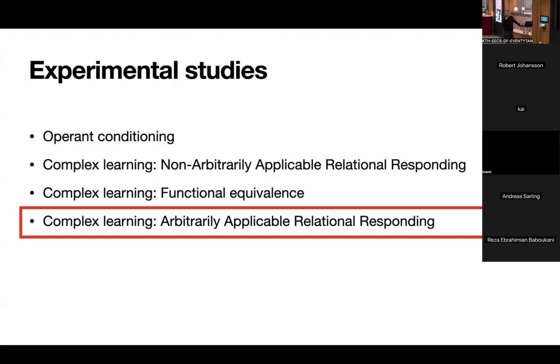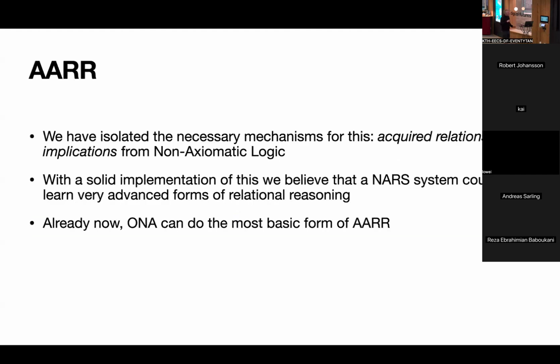And this is an example of something that we haven't fully implemented yet with NARS. But we think that we have isolated the two necessary mechanisms that need to be implemented in NARS. It's something that Pei Wang calls acquired relations and implications.